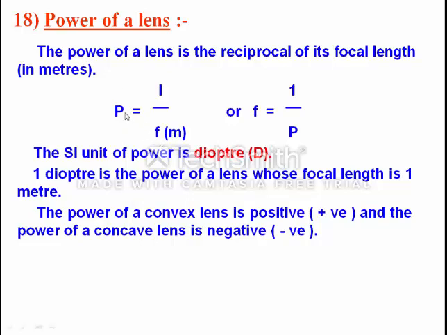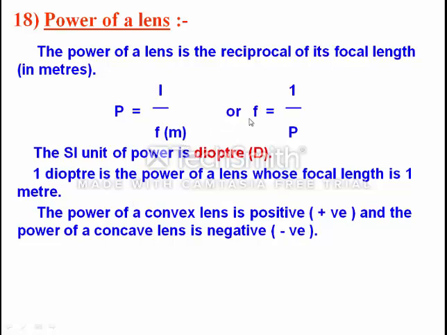If the focal length is positive, then power will also be positive. So if it is -3 diopter, the lens used is a concave lens. Obviously it will be a concave lens because the power is negative.